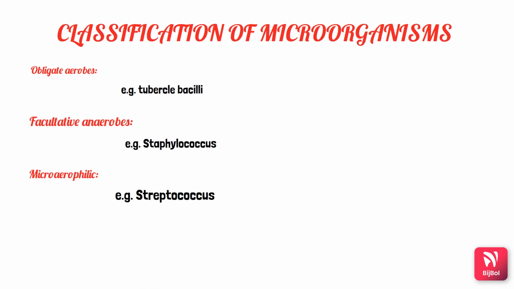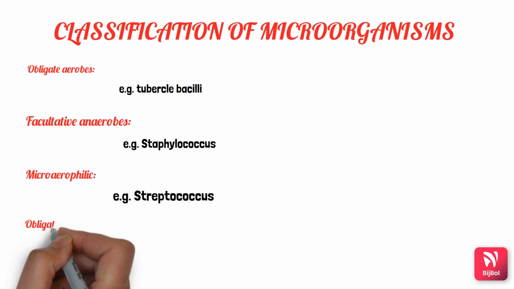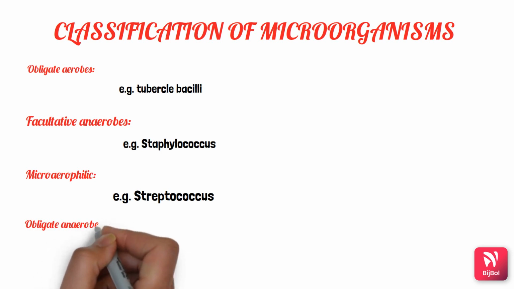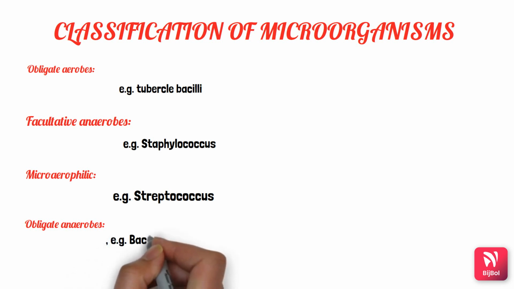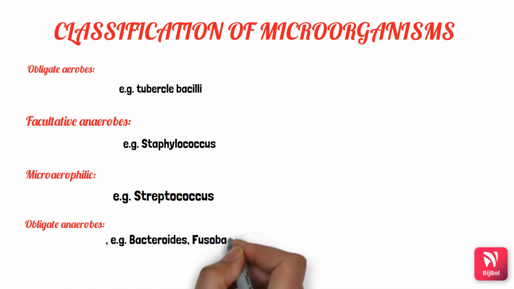The obligate anaerobes are the bacteria which can grow only in the absence of oxygen. Examples are the bacteroides and the fusobacterium. And the microbial flora are also classified on the basis of gram-positive or gram-negative organisms. That's how the classification of the microorganisms occurs.